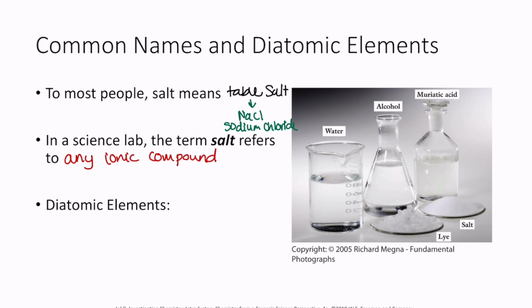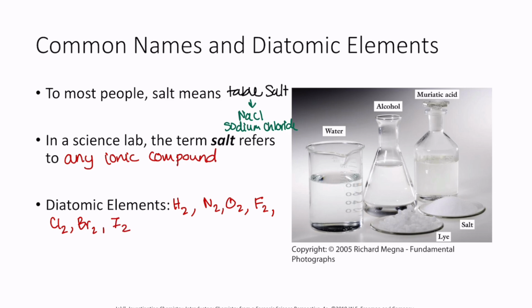Now, there are certain elements that do not exist by themselves, and they are called the diatomic elements. So the diatomic elements are hydrogen, nitrogen, oxygen, fluorine, and then we have chlorine, bromine, and iodine.